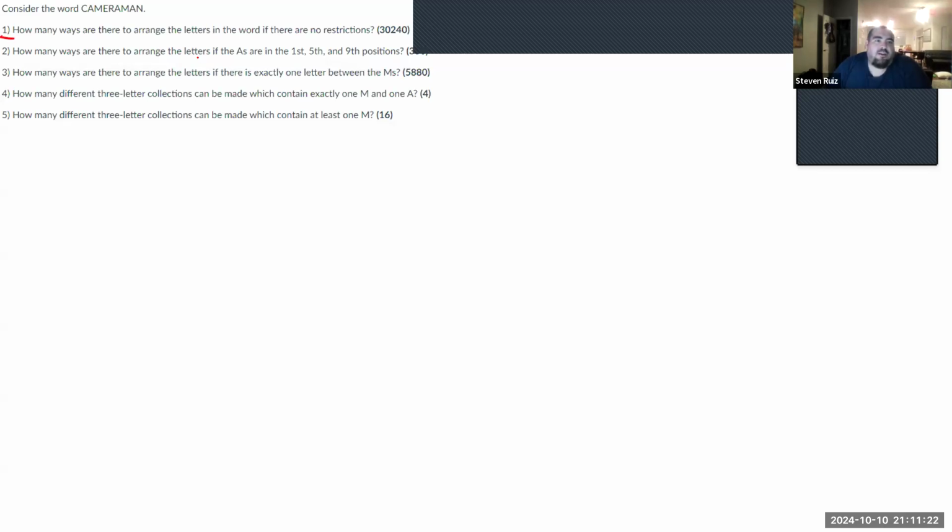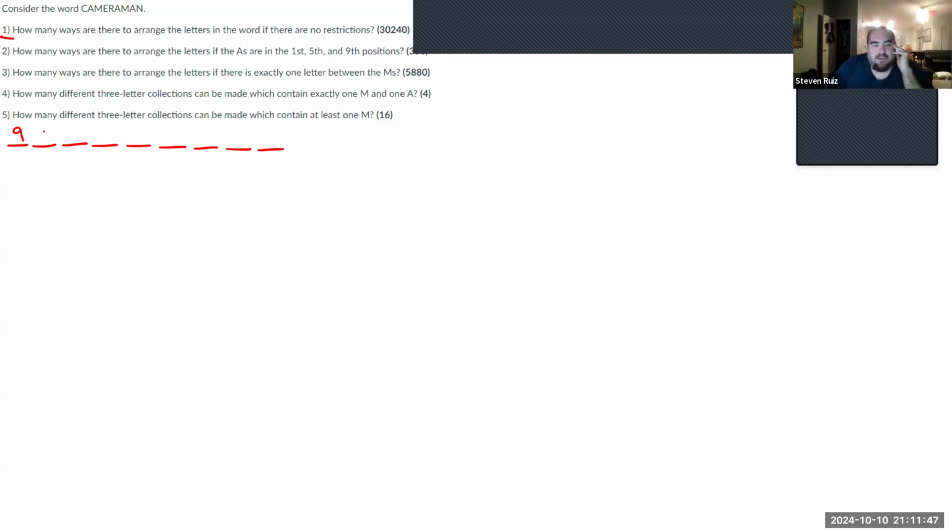So this first one: how many ways are there to arrange the letters in the word if there are no restrictions? Cameraman is a 9-letter word. If there were no restrictions at all, then let's think about this. There are 9 places. If we want to think about this really simply, how many options can go here?